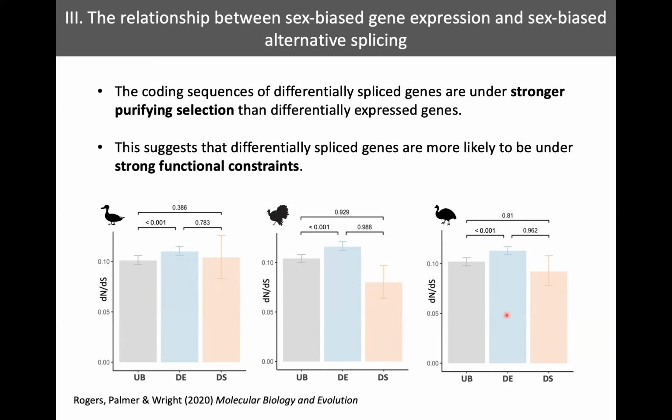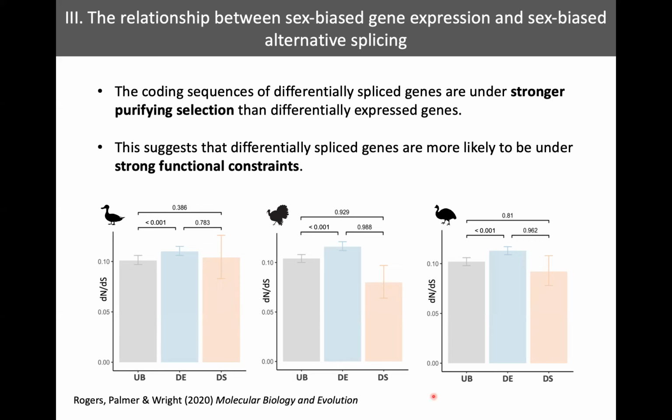However, in contrast, we find that genes with differential splicing do not exhibit elevated rates of coding sequence evolution in comparison to unbiased genes or genes that are differentially expressed between the sexes, consistent with stronger purifying selection acting on the coding sequences. This increased strength of purifying selection suggests that genes that evolve sex differences in splicing are under strong constraint at the coding sequence level.